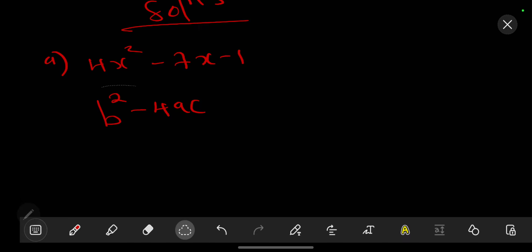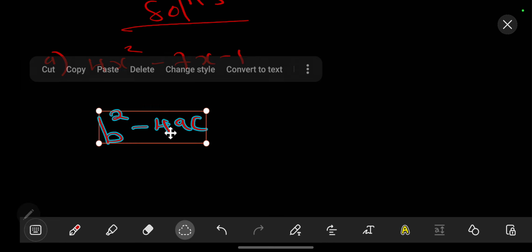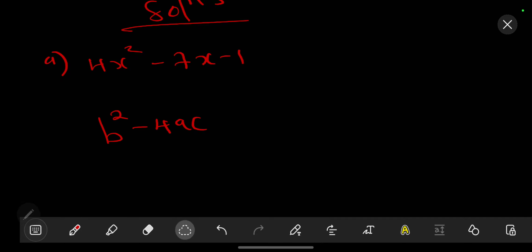For any given quadratic equation, the term attached to x squared is your a, the one with just x is your b, and the one without x is your c.